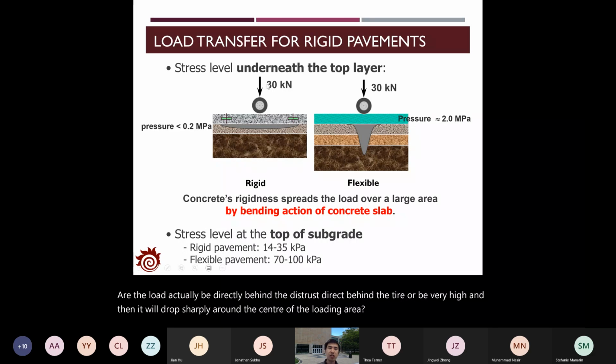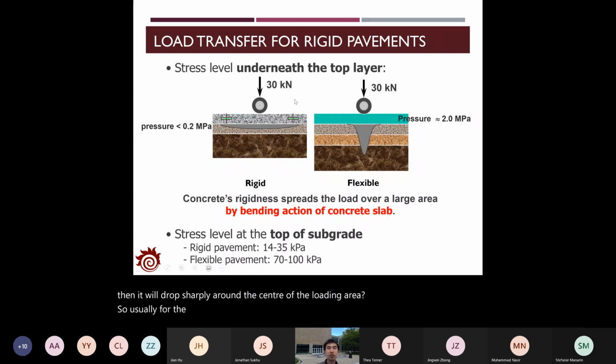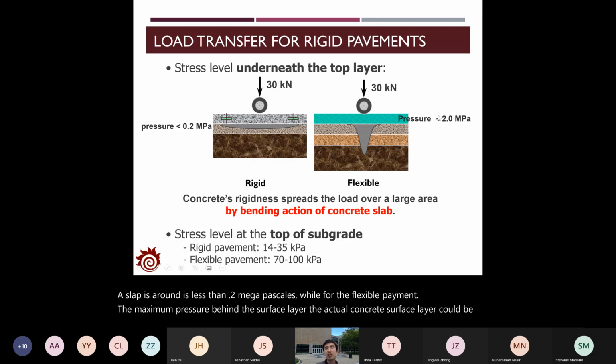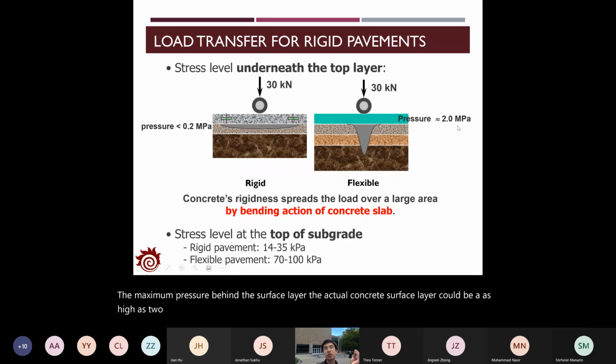So usually, if we apply the 30 kilonewton load to the PCC slab, the pressure behind the slab is less than 0.2 megapascal, while for the flexible pavement, the maximum pressure behind the surface layer, the asphalt concrete surface layer, could be as high as 2 megapascal, which is around 10 times higher.